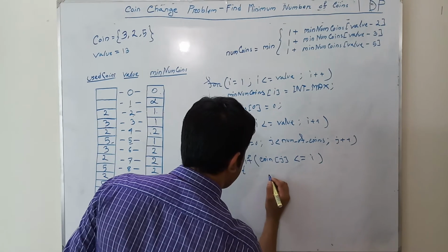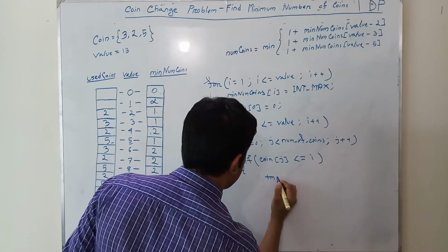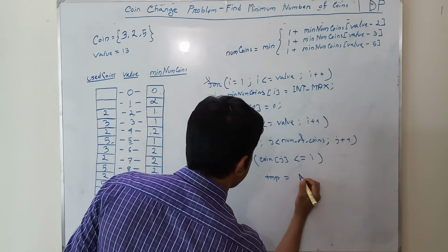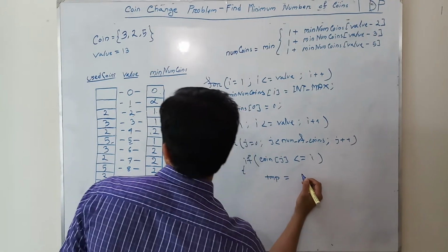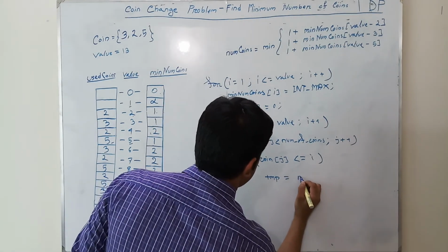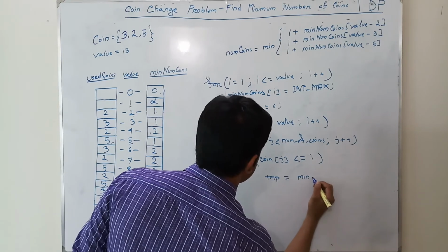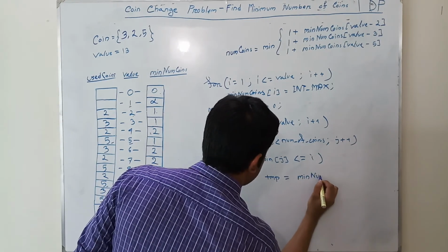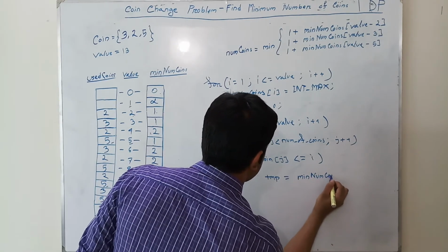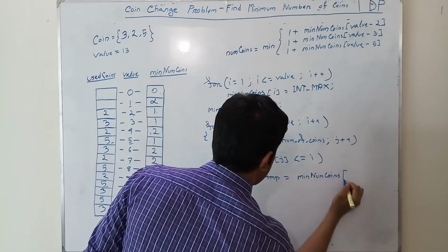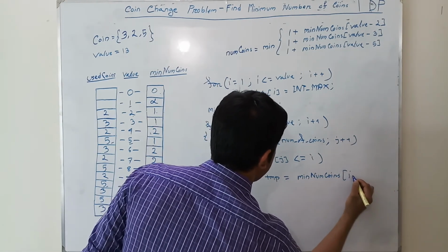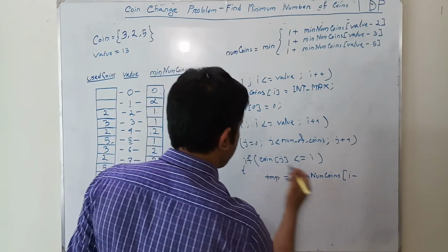The temp will be the minimum number of coins of I minus the coin value.